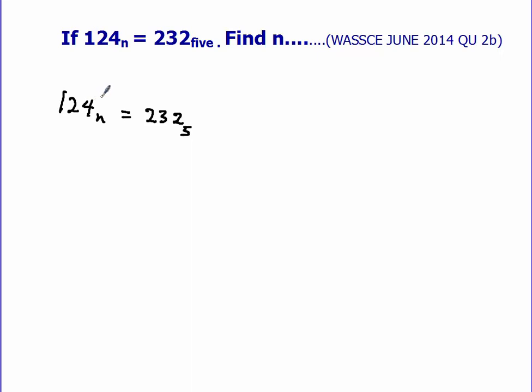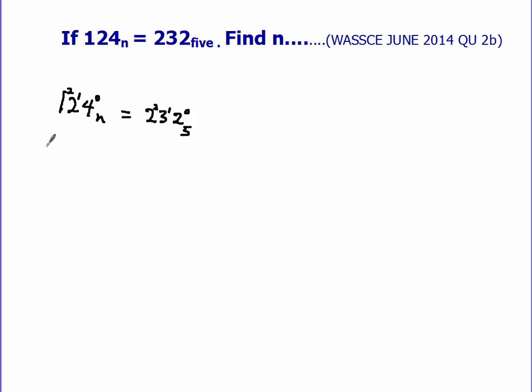For us to do that, we need to convert both sides of the equation to base 10. So I'm going to give the exponent to each number starting from behind. So 4 to the power 0, 2 to the power 1, and 1 to the power 2. I'll do the same here: 2 to the power 0, 3 to the power 1, and 2 to the power 2.